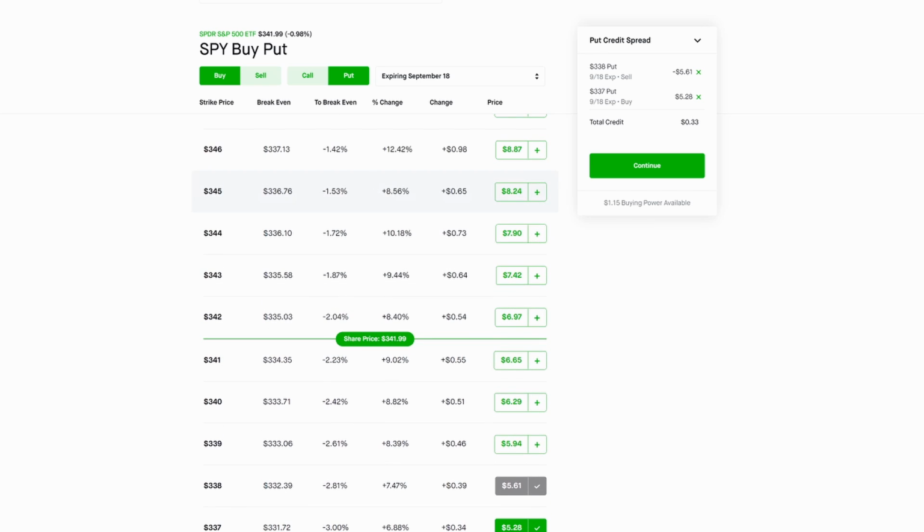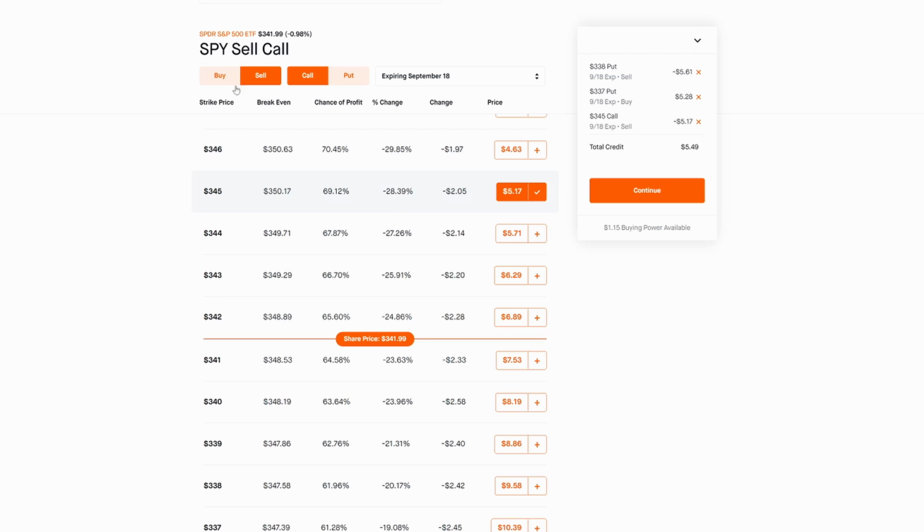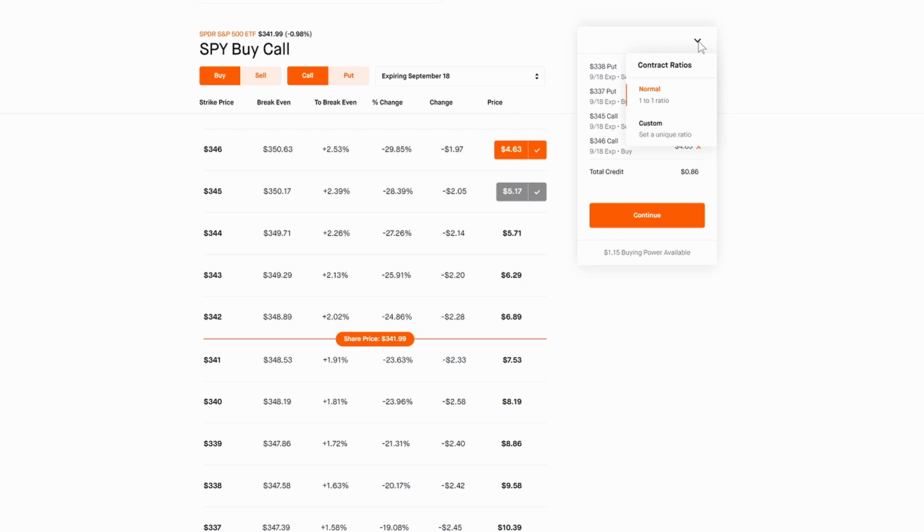So for the call credit spread, we will sell the 345 and we will buy the 346. And you can see here it should show an iron condor. It says iron condor. An iron condor implements the put credit spread strategy and also the call credit spread strategy.